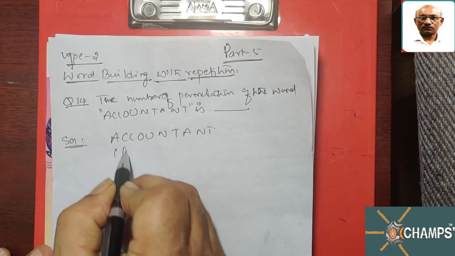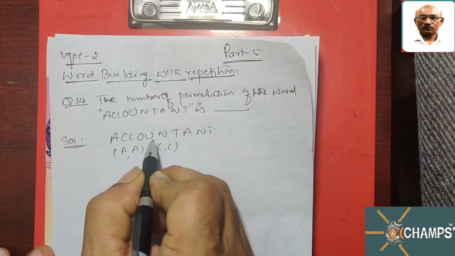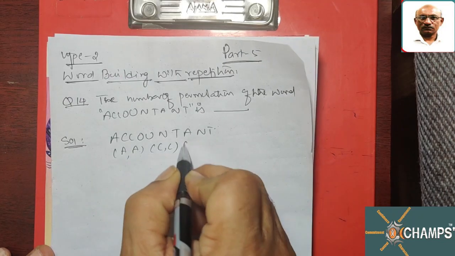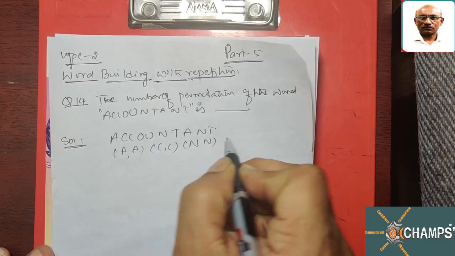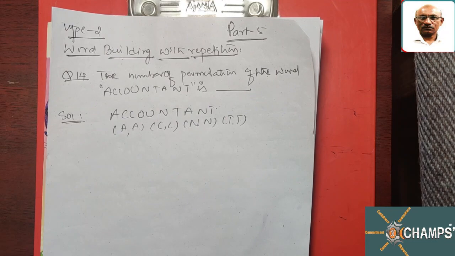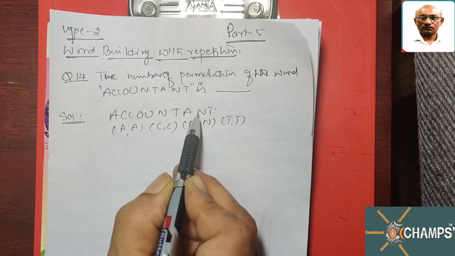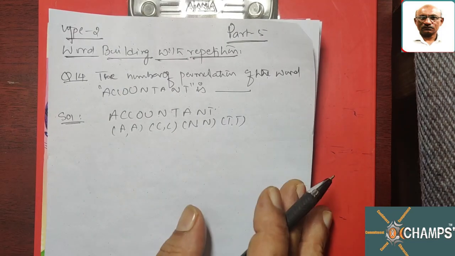Now, in accountant, A is repeated twice, C is repeated twice, N is repeated twice, T is repeated twice. Now, 1, 2, 3, 4, 5, 6, 7, 8, 9, 10 letters are there.